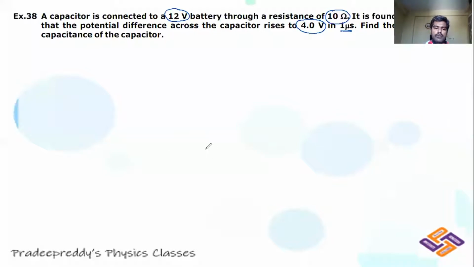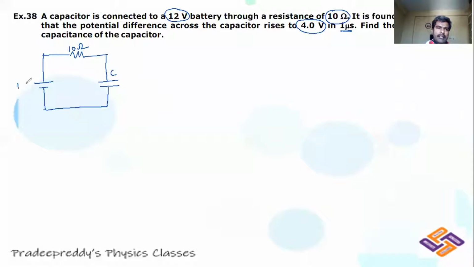In order to do that, first I will draw the circuit. You are connecting one battery along with a resistor and a capacitor. These are the 3 components which are being connected. This resistor has resistance 10 ohm. The capacitor has some capacitance C, which I do not know; you should find out that C value.